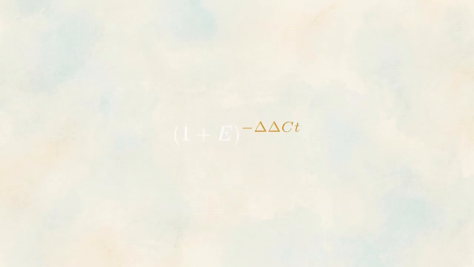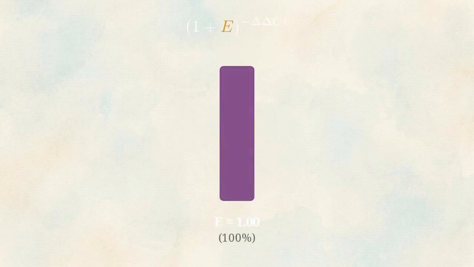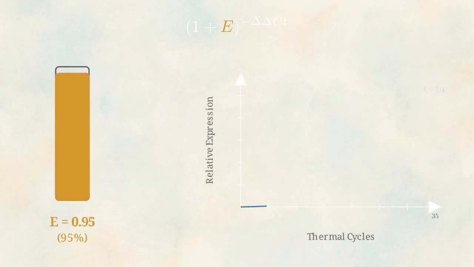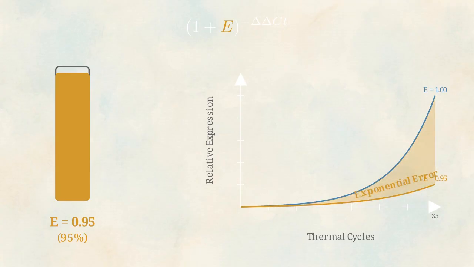The mathematical vulnerability lies right here in the efficiency variable, E. The calculation assumes that the exponential DNA amplification is perfectly uniform and hovers near 100%. If the physical thermal block is uneven, efficiency drops. A seemingly minor 5% efficiency drift compounding over 35 thermal cycles creates massive exponential error.